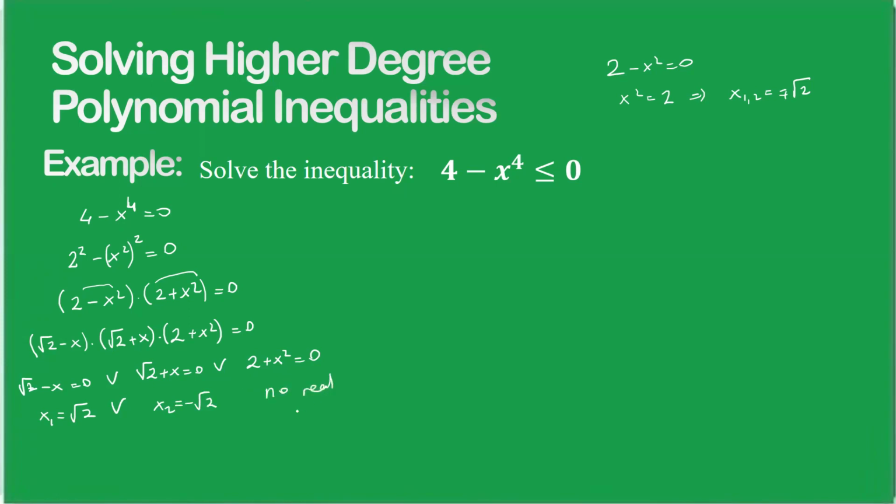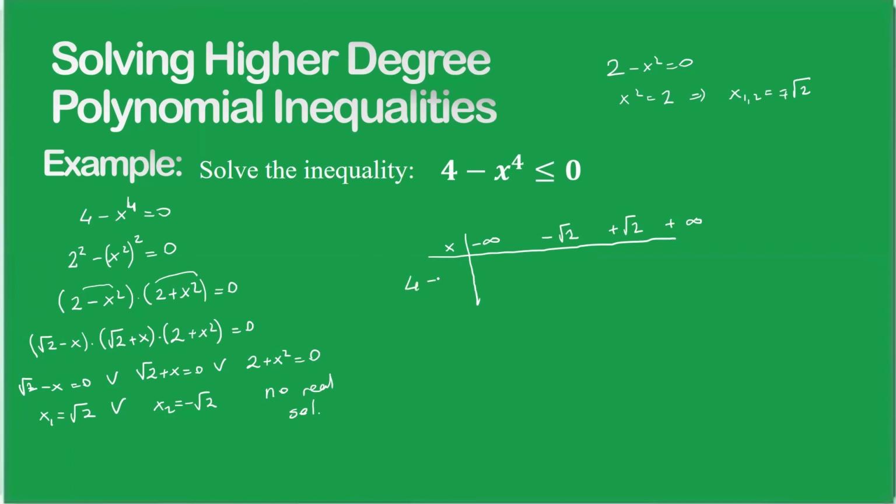Then there are two solutions, I mean there are two critical points. Here we have to write them respectively: minus infinity, minus square root of 2 and plus square root of 2, and plus infinity.